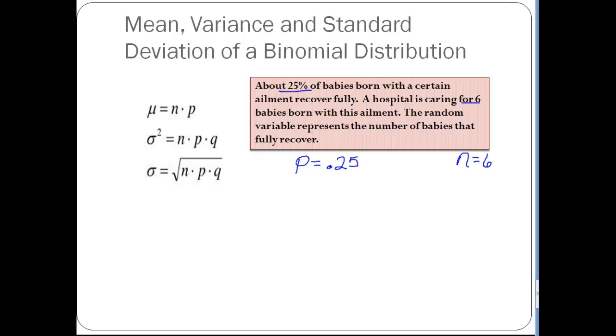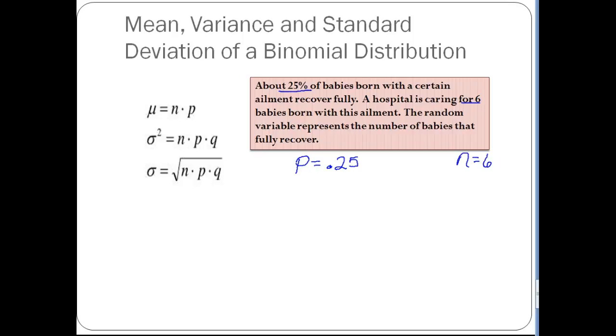Now the only thing you'll generally have to calculate out of your problem is your q, and q is so easy to find. q is just the complement of p, and the complement is something we learned back when we were first learning about probability. The complement is just the rest of the probability. Remember, probability always has to total up to 100% if we're talking in percentages, or 1 if we're talking in decimals. The rest of the percent, if we're already taking up 25%, is 75%.